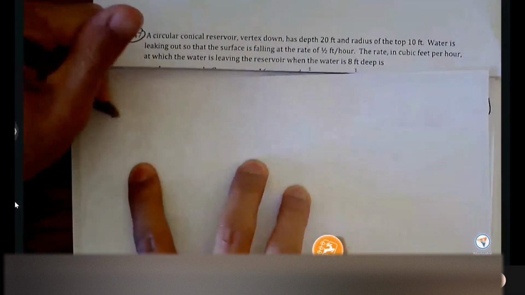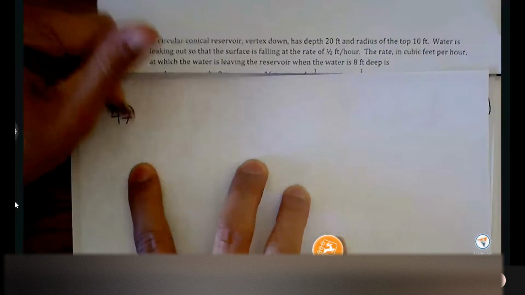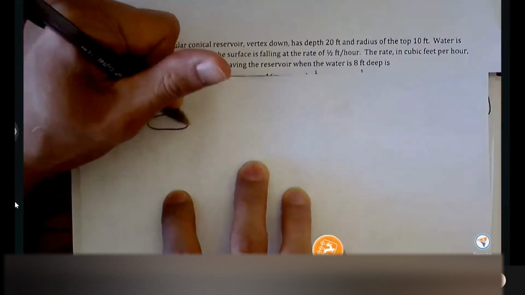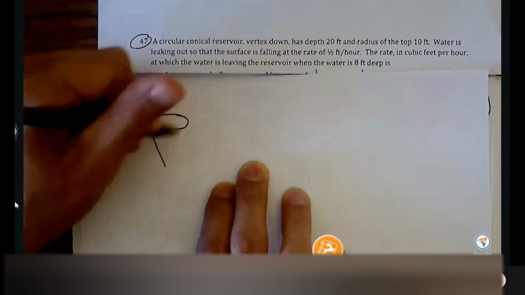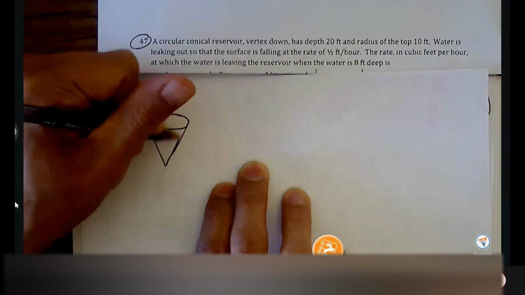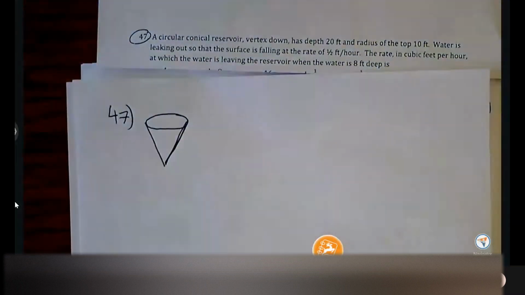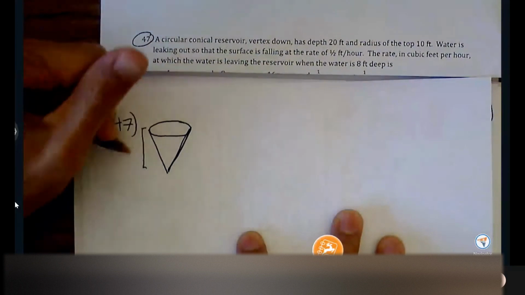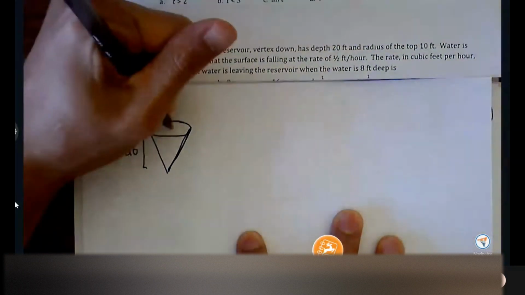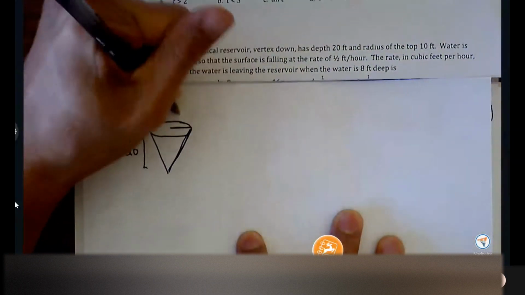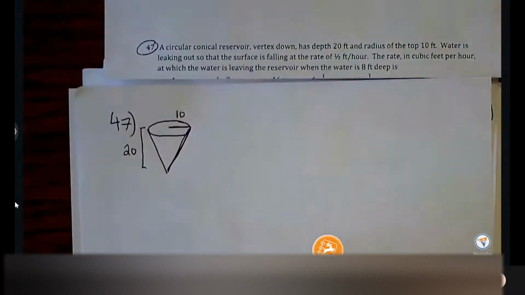So let's go ahead and draw that diagram. 20 feet is the dimensions, radius 10 feet. Water is leaking out so that the surface is falling at a rate of 1/2 feet per hour.